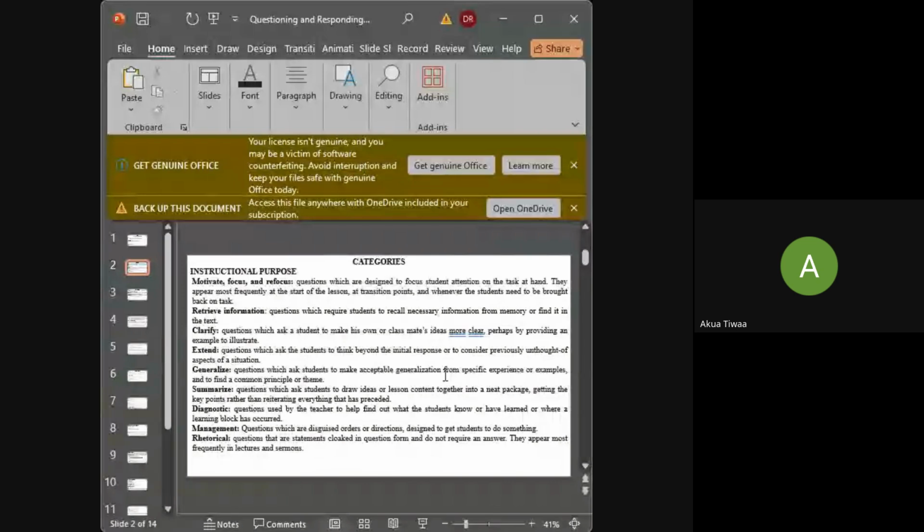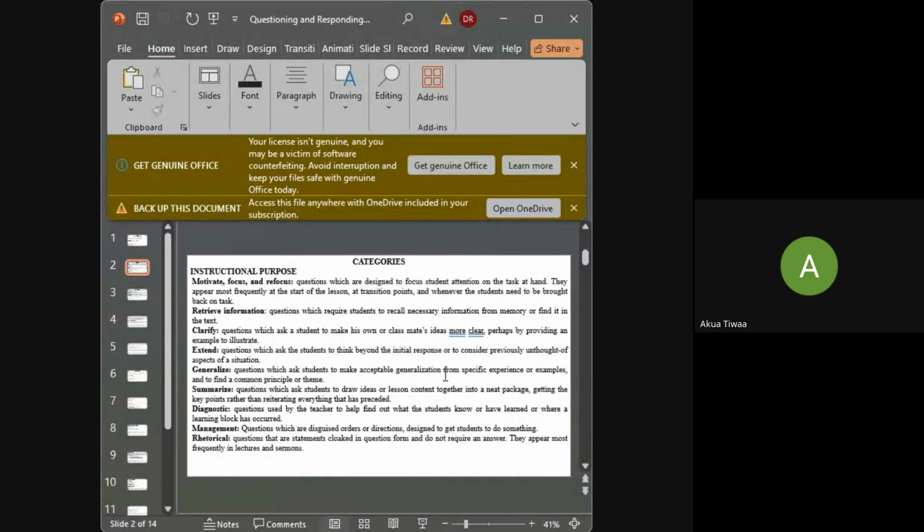The person needs to use question and answer to know whether you understand, to know whether you are paying attention, to drill you, to check your thinking ability, or to stimulate your thinking, to get you involved. So when you are teaching, one category of questioning is the instructional purpose.